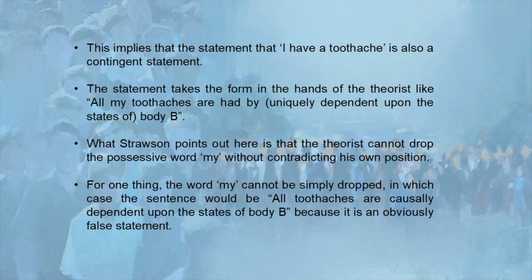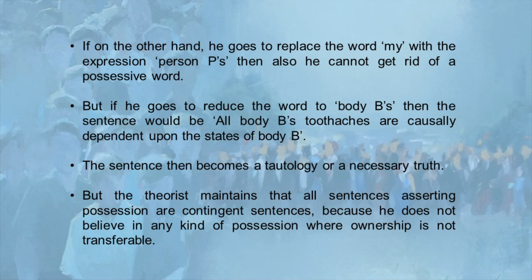What Strawson points out here is that the theorist cannot drop the possessive word my without contradicting his own position. For one thing, the word my cannot be simply dropped, in which case the sentence would be all toothaches are causally dependent upon the states of body B, because it is an obviously false statement. If, on the other hand, he goes to replace the word my with the expression person P, even then he cannot get rid of a possessive word.